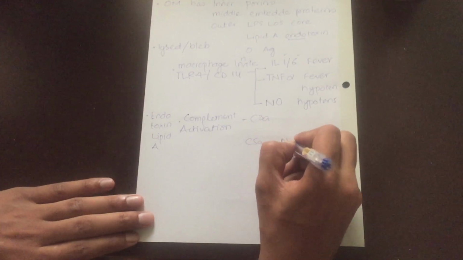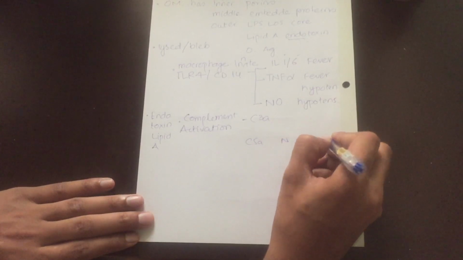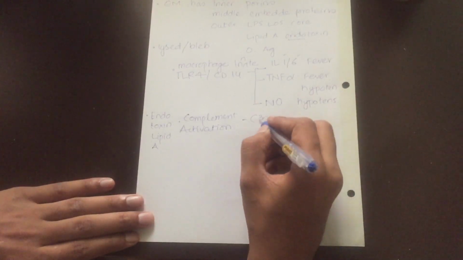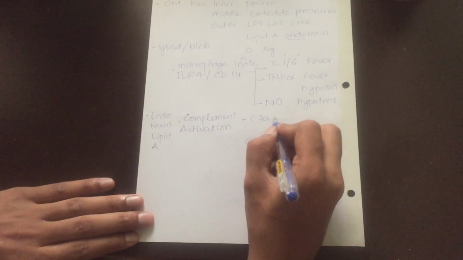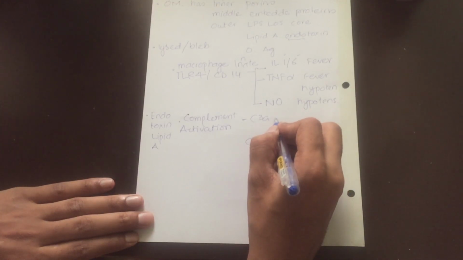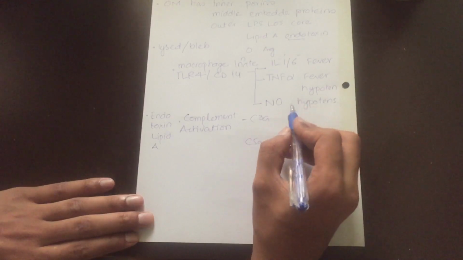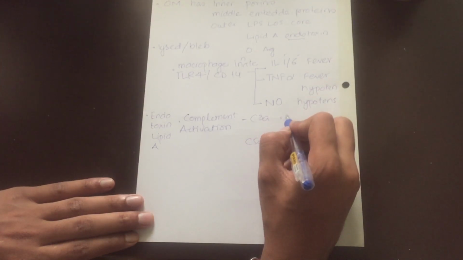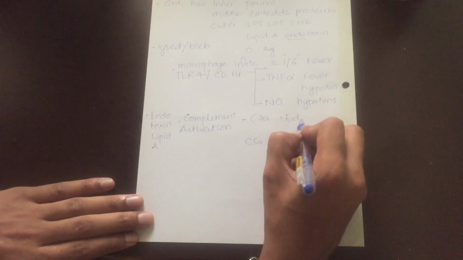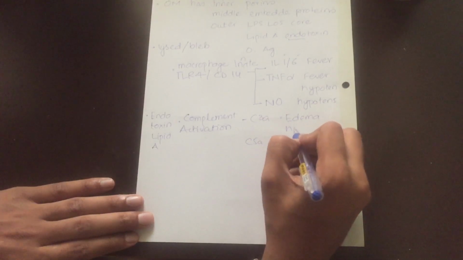C5a is a major neutrophilic chemotactic agent, and the combined action of C5a and C3a is histamine release, which causes edema and hypotension.